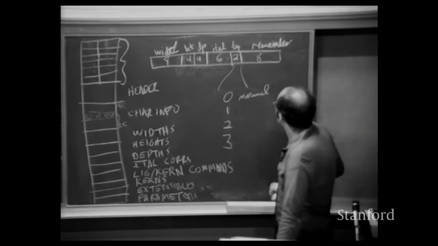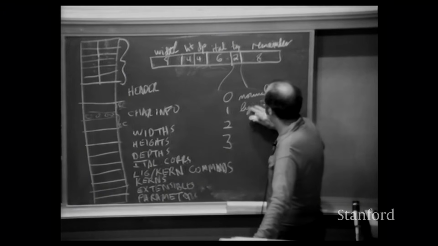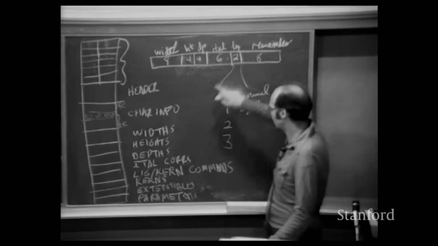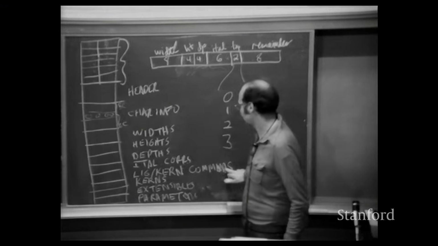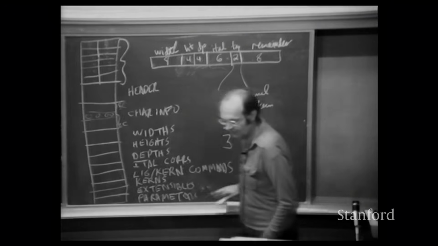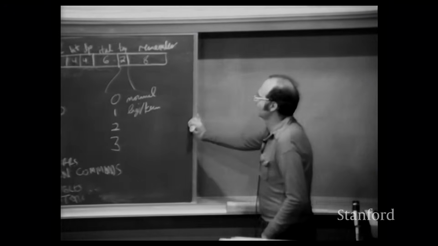Tag of 1 is lig. It says a ligature kern program is there. And in that case, the remainder is a pointer into the ligature kern commands, and we start looking there to see what about ligatures and kerns. We'll talk a little bit more about that in a minute.